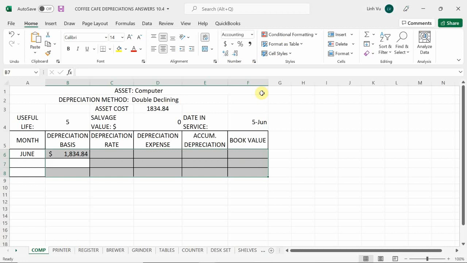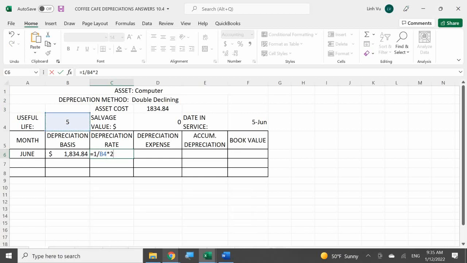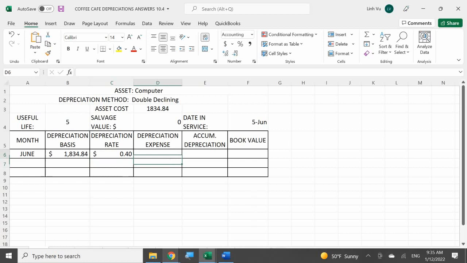What's my depreciation rate going to be? 0.40. Yes, it's going to be 1 divided by the estimated useful life times 2, which gives you 40% or 40 cents. So what is going to be my depreciation expense for the month of June?